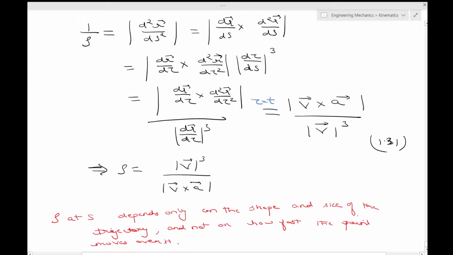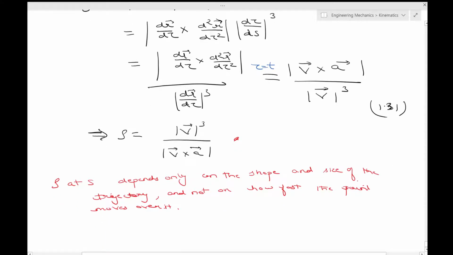Well, if you just look at this final expression, it seems it's depending on how fast it's moving, but understand this definition and convince yourself that what is written in red is actually true.